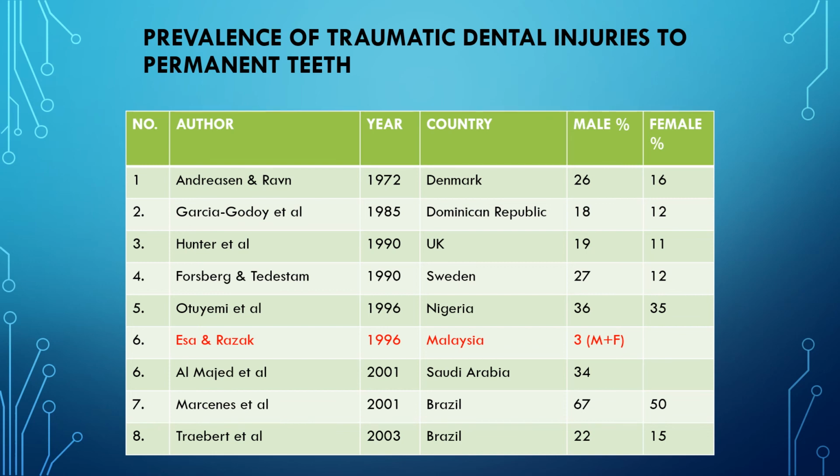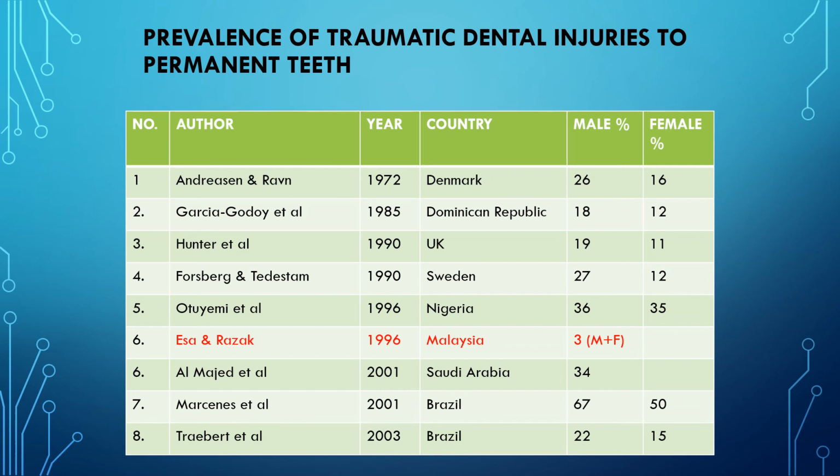Forsberg and Tedestam, 1990, Sweden, you have 27% male prevalence of injuries and 12% female prevalence of dental injuries to permanent teeth. Otuyemi et al. 1996, Nigeria, which is much higher prevalence of dental injuries to permanent teeth, which is 36% in male and 35% in female. The highest that we have seen so far in female.